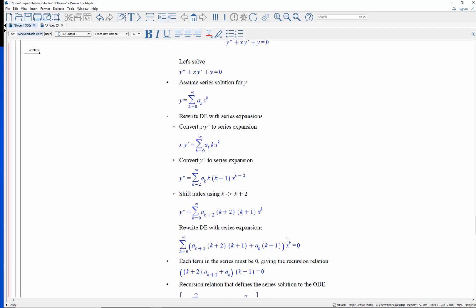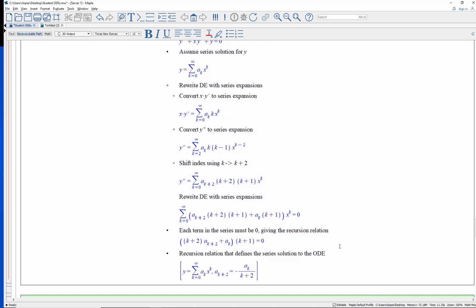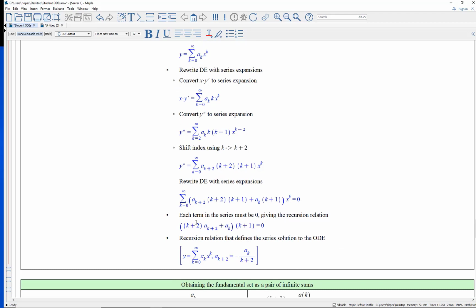There's x to the k. See, it kept x to the k here because it made the shift here. So sum from 0, x to the k, x to the k. The coefficients must be identically 0.